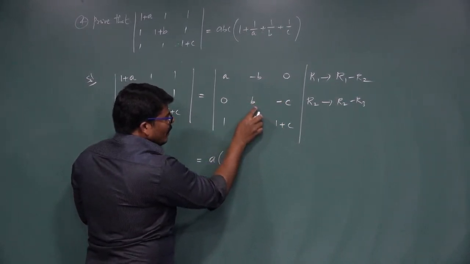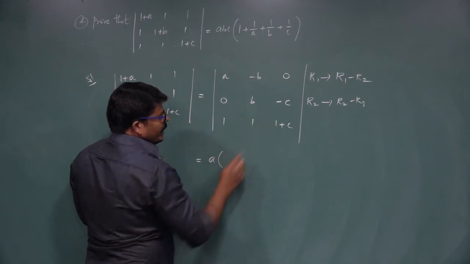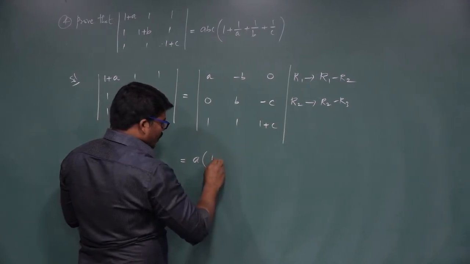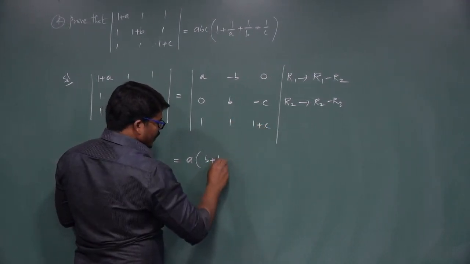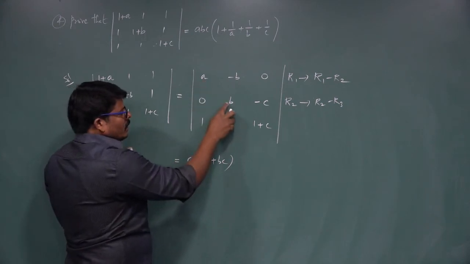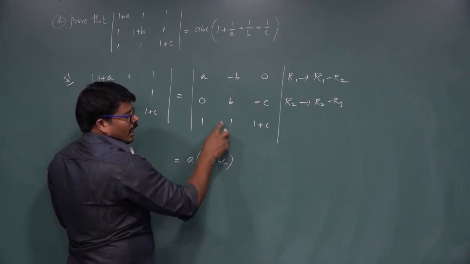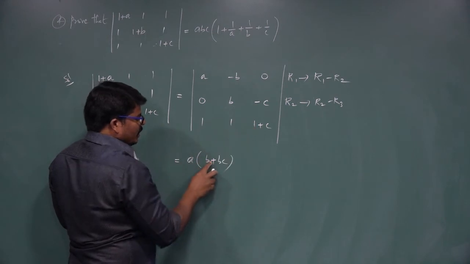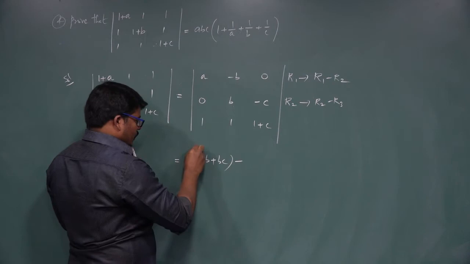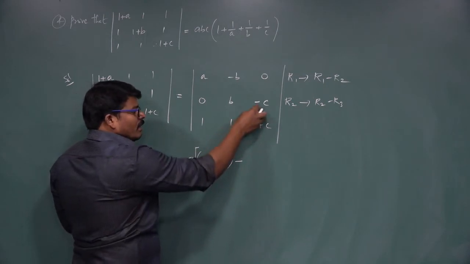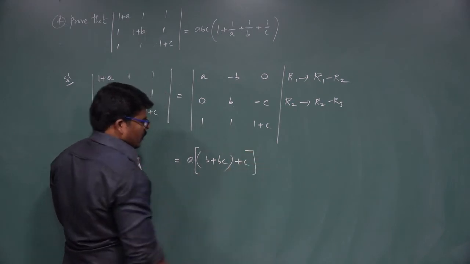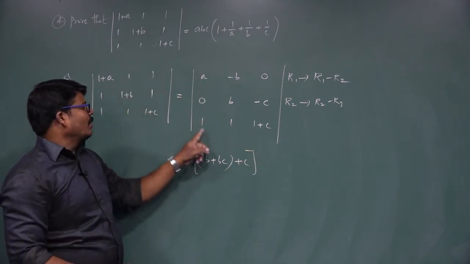Multiply the leading diagonal, B into 1 plus C is B plus BC. The formula is minus 1 into minus C, minus into minus is plus C. The first element is over.